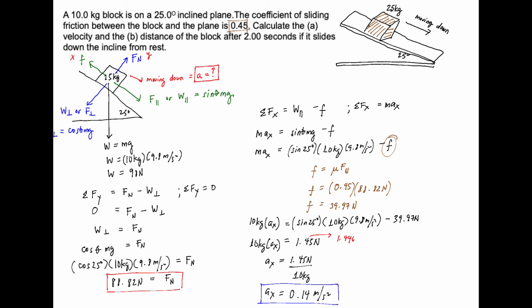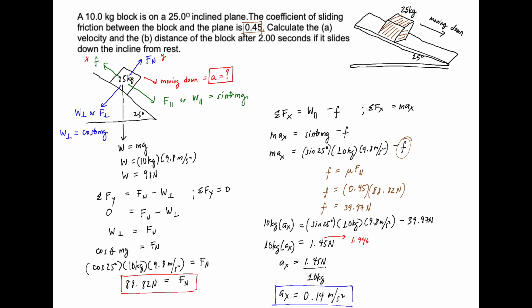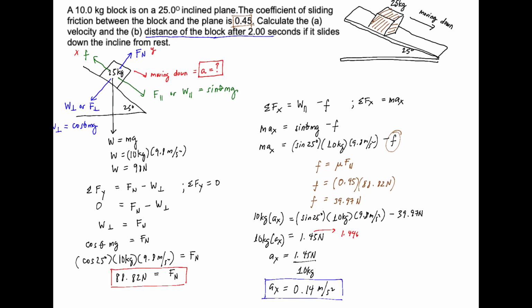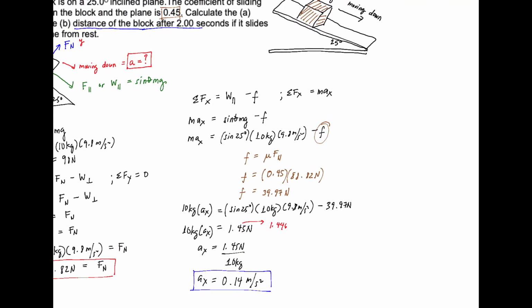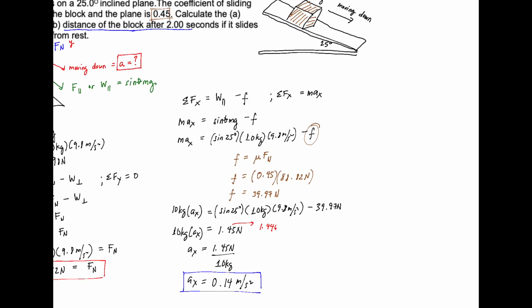Now, that would be our acceleration, which will be used in our three kinematic equations. We're looking for the distance of the block after 2 seconds. Remember, we have three kinematic equations.